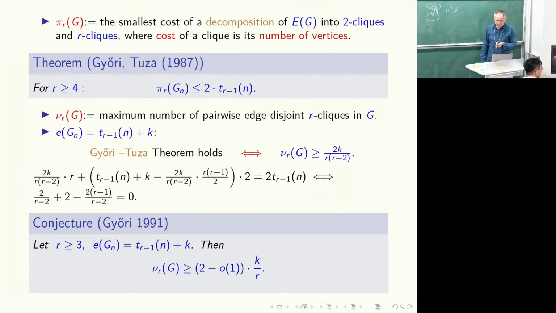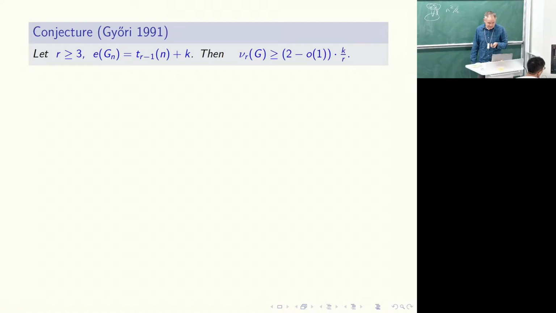If we compare it to the previous bound, for R equal to 3 it is the same formula, and it's a sharper formula when R is bigger than 3.